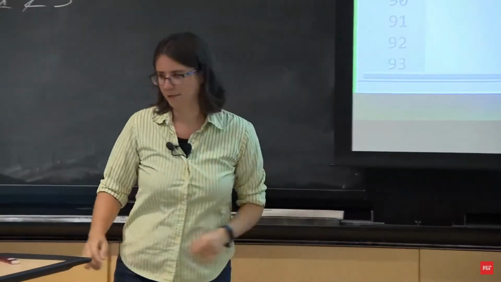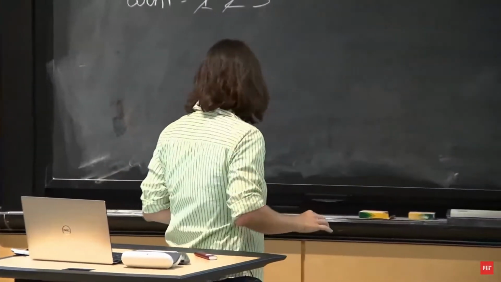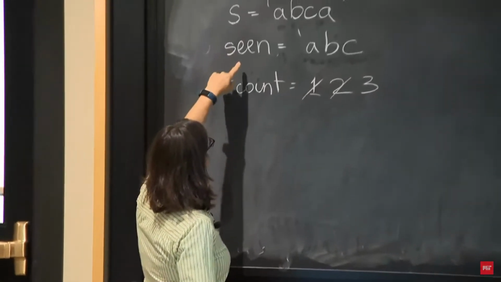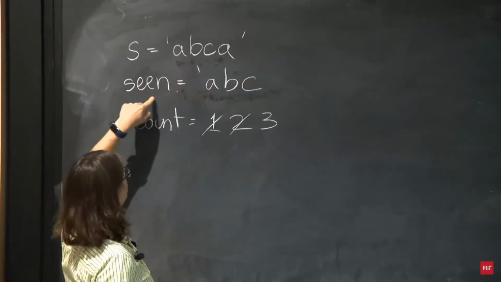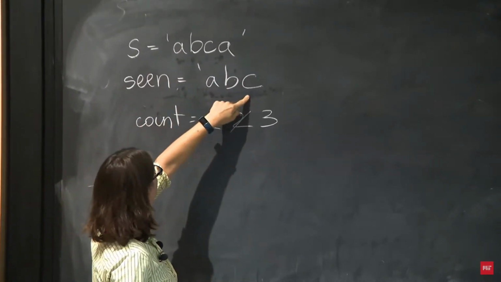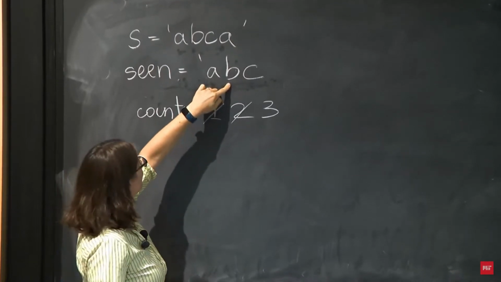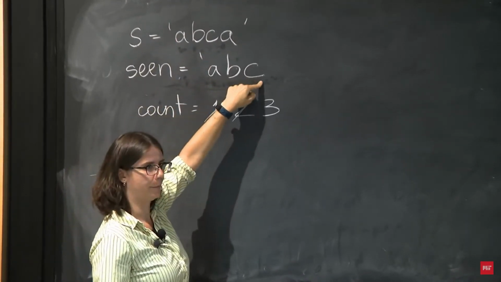Why are we printing the length of scene here? We're printing the length of scene because whenever we add a unique character to this scene variable, it's one that we haven't actually seen before. The only things I'm adding to my scene are things that are new.